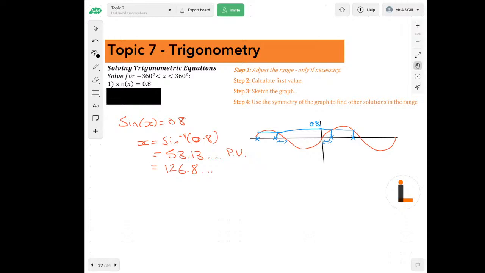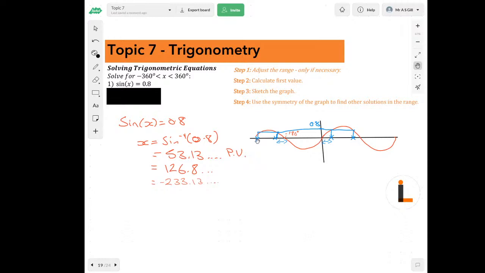And we understand that this point here is minus 180 degrees. So we will obtain this value by doing minus 180 subtract 53.13. So we get an answer of minus 233.13... And again, we can round later.